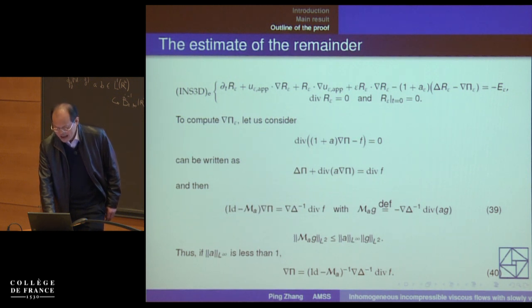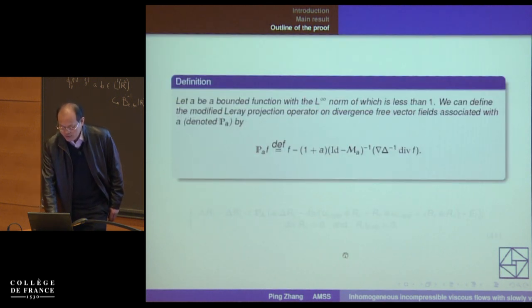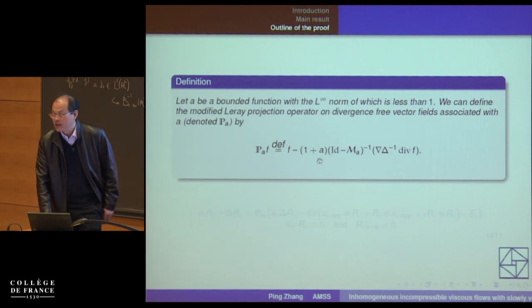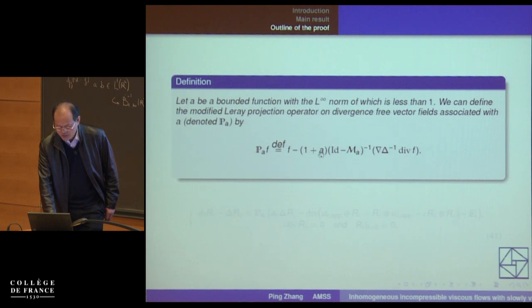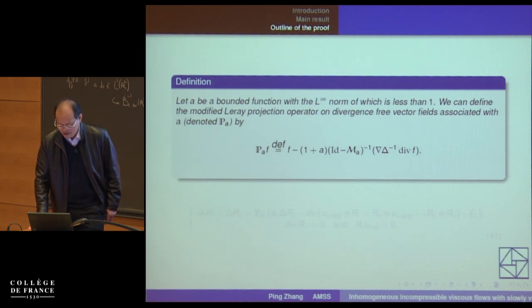So in this way, as long as this L infinity norm of A is less than 1, this gradient of pi equals this (Id minus M_A) inverse times gradient Laplacian inverse of divergence F. So in general, we can define this more general modified projection operator, Leray projection operator, like P of A of F, which equals F minus this term. In the particular case when A equals 0, this operator is nothing but the classical Leray projection operator to the space of divergence-free vector fields.